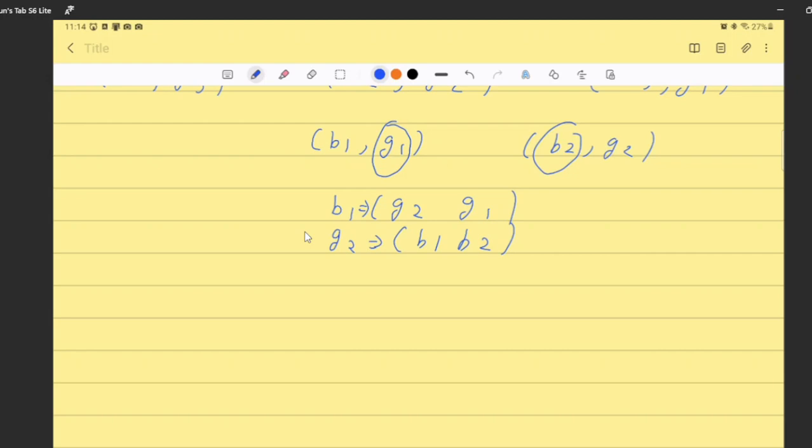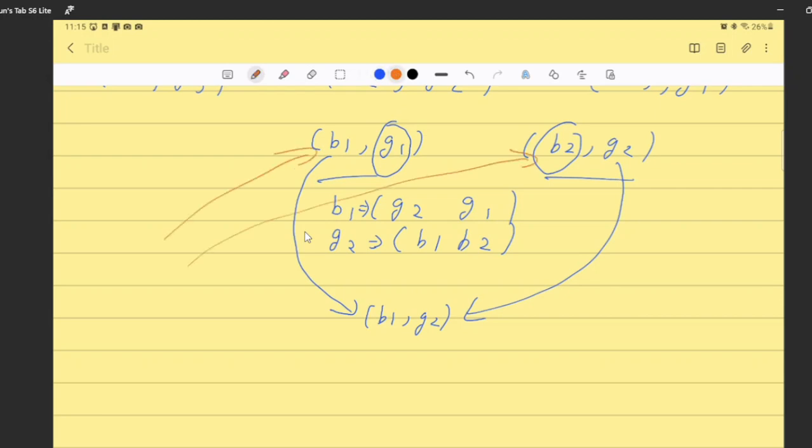So these pairs are unstable. What will happen is that this boy B1 and this girl G2 will run away from their pairs and form a new pair. So we have seen that these two pairs were not stable. So that's the explanation of the Gale-Shapley algorithm.